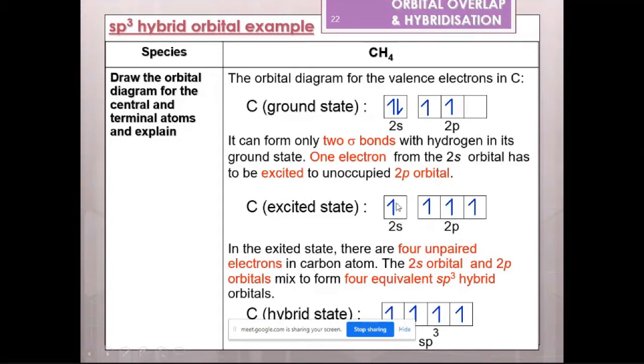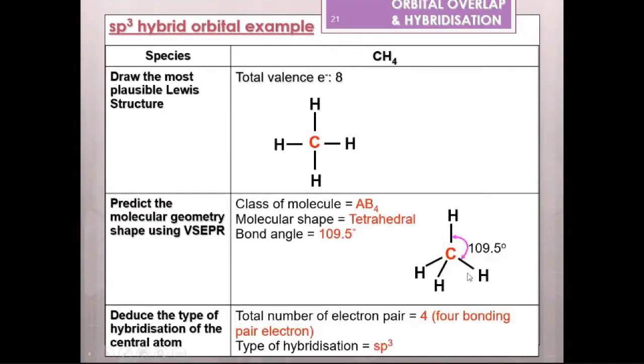So now it can form 4 bonding pairs with 4 hydrogen atoms. So the 2s orbital and the 2p orbital mix. Now s and p mix together to form 4 equivalent sp3 hybrid orbitals. So 1, 2, 3, 4. That's why it can form 4 bonding pairs with hydrogen.